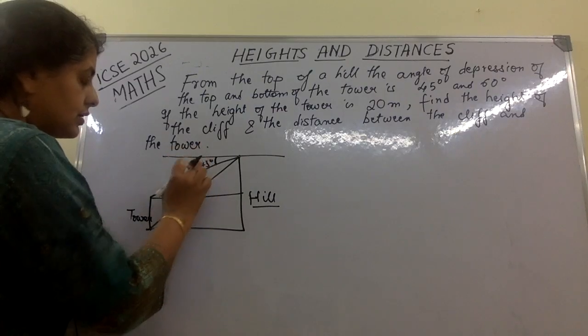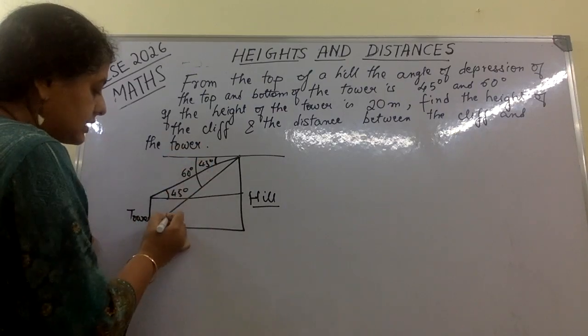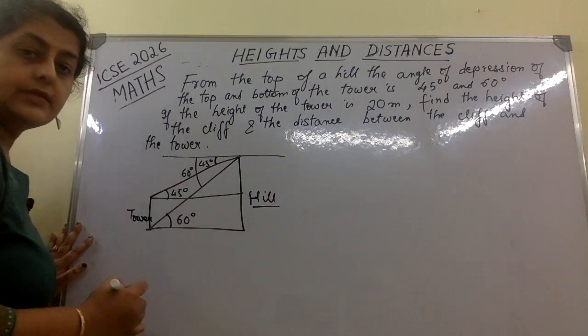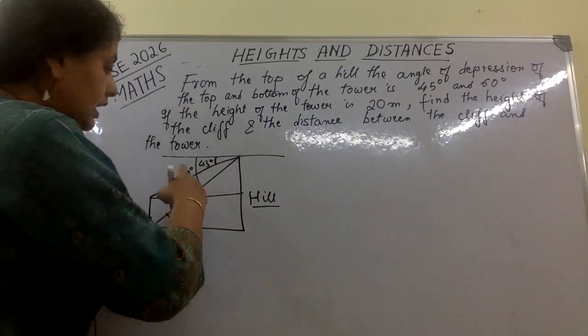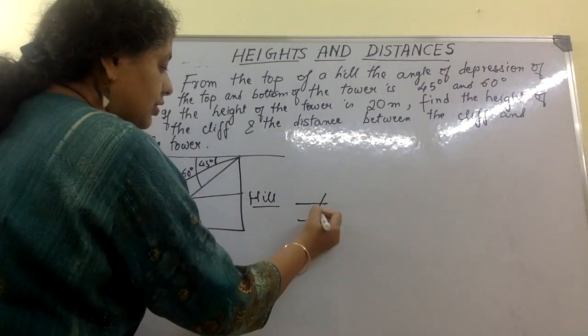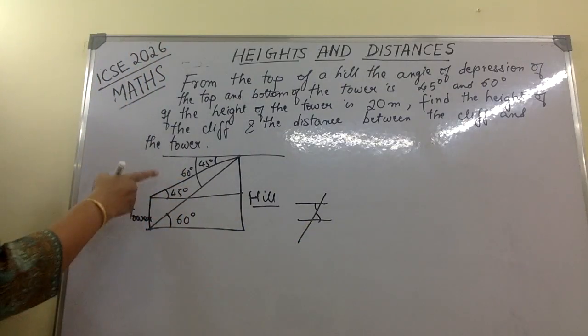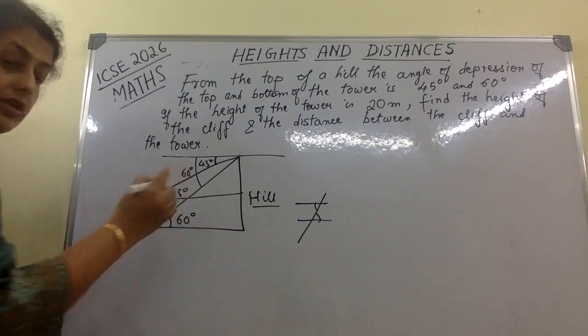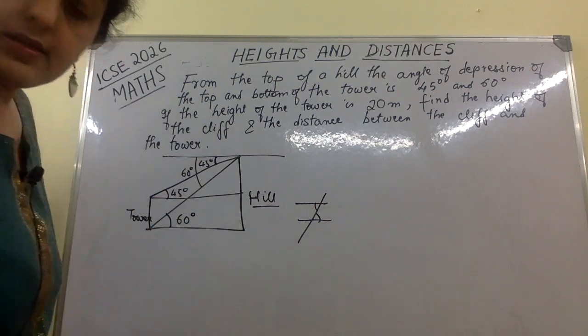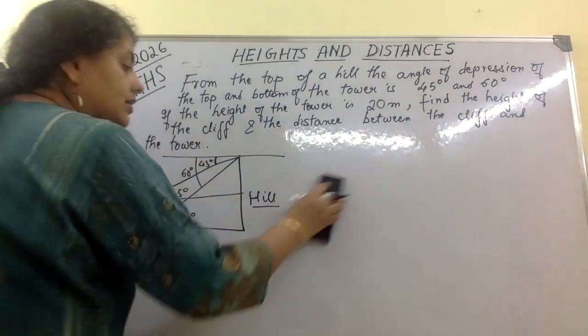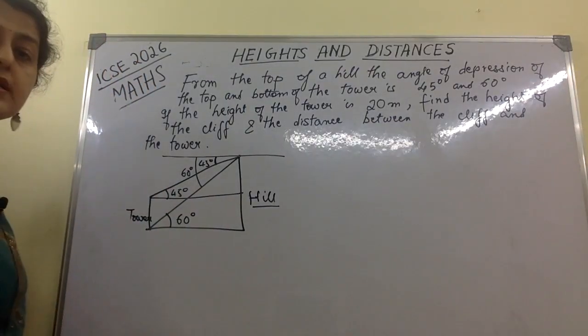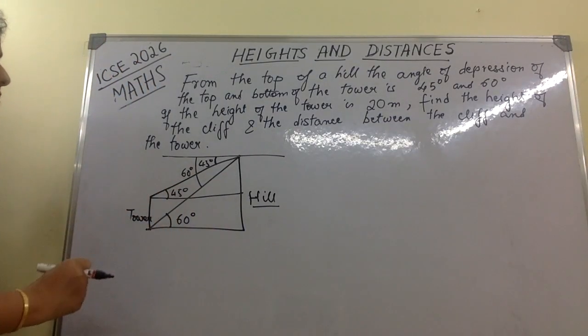If this is 60, this is also 60 degrees. So we are using alternate angles in parallel lines, and you have to bring it down here because the triangle is not complete, and if the triangle is not complete, you won't be able to apply trigonometry.